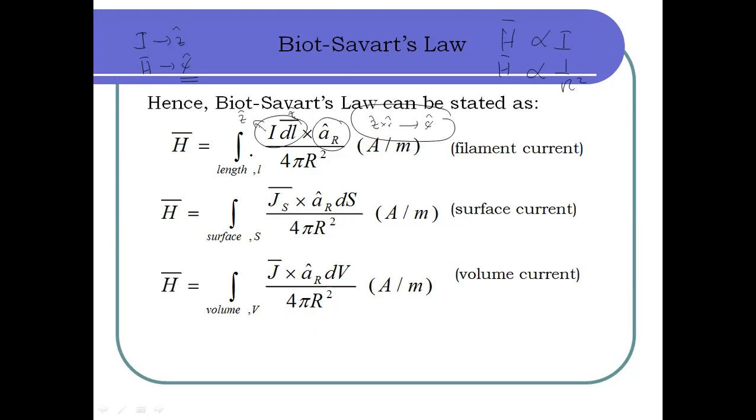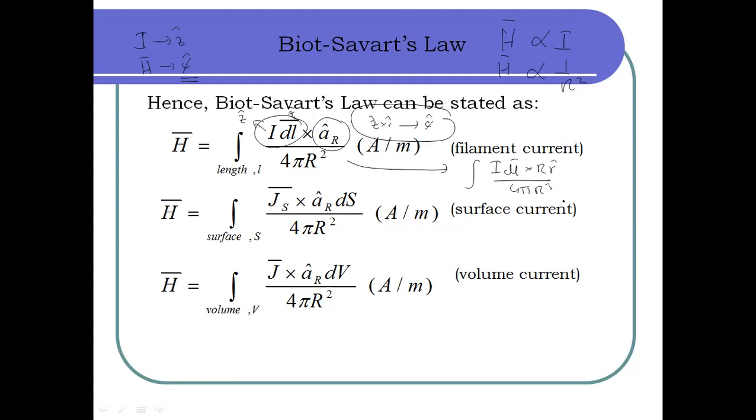So that is the equation for H, which is the integration of I dl vector cross the unit vector of R over 4 pi R squared, or we can have it as the integration of I dl vector cross R direction divided by 4 pi R to the power of 3.